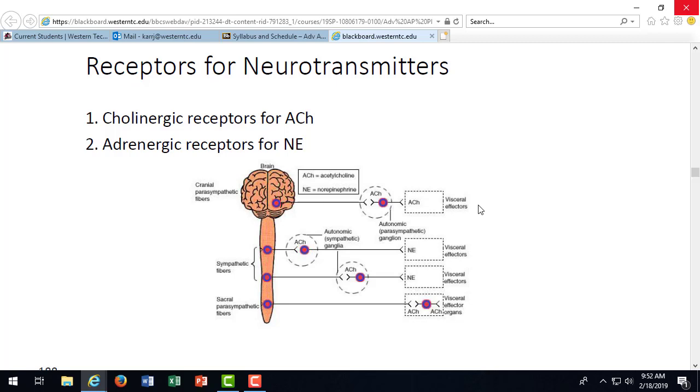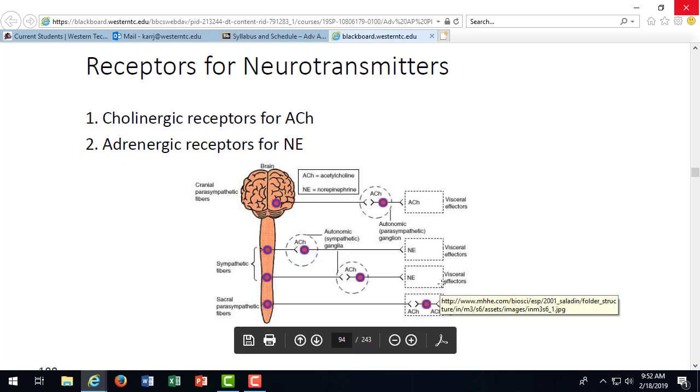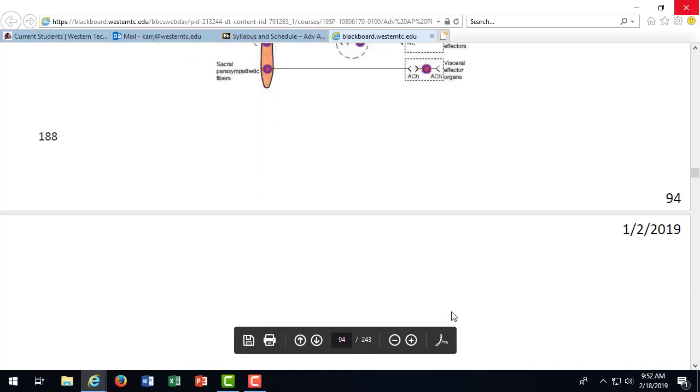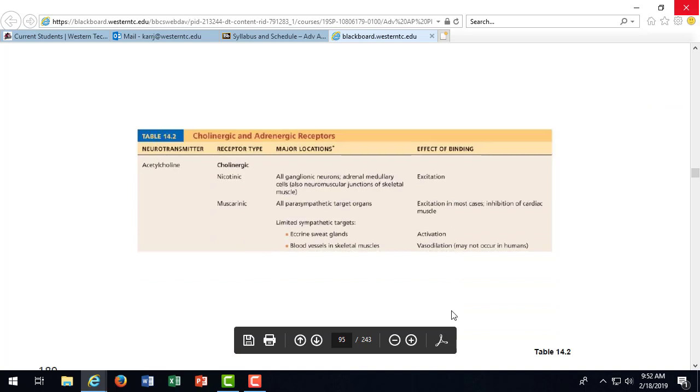Which system releases acetylcholine, did we say? Parasympathetic or sympathetic? Parasympathetic. So what type of effects will I get on those organs? Rest and digest. Yep, rest and digest effects. And if it binds norepinephrine, fight or flight or stress response, right?